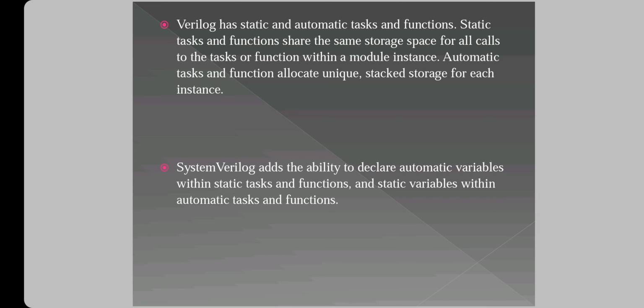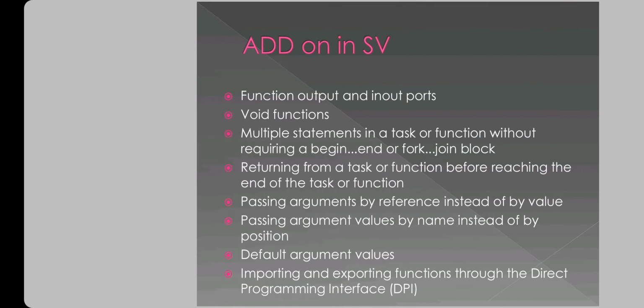But coming to automatic, it is vice versa. Whenever you call a function or a task, it is going to create new memory for that and store it. SystemVerilog adds the ability to declare automatic variables within static tasks and functions, and static variables within automatic tasks and functions.